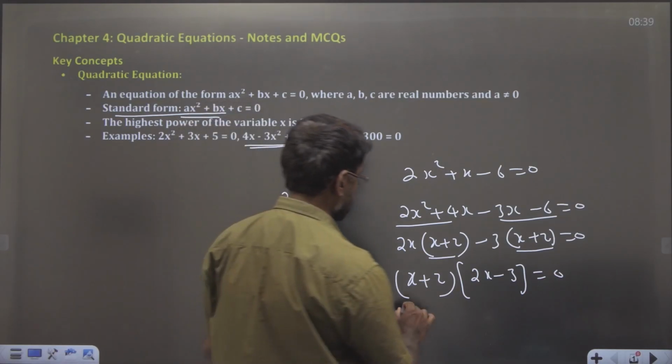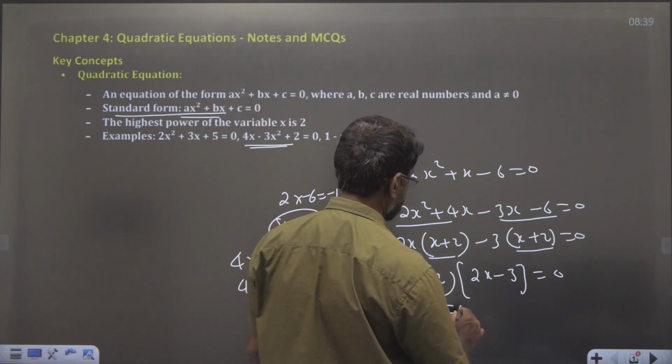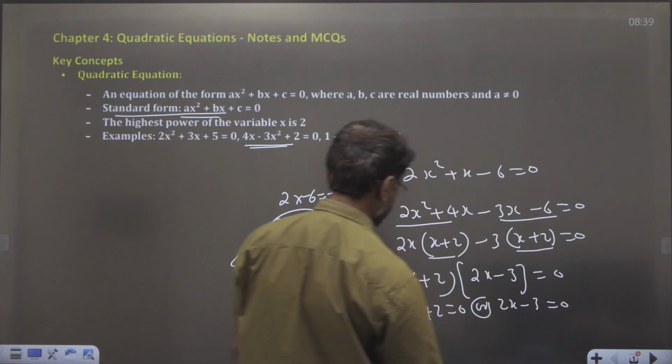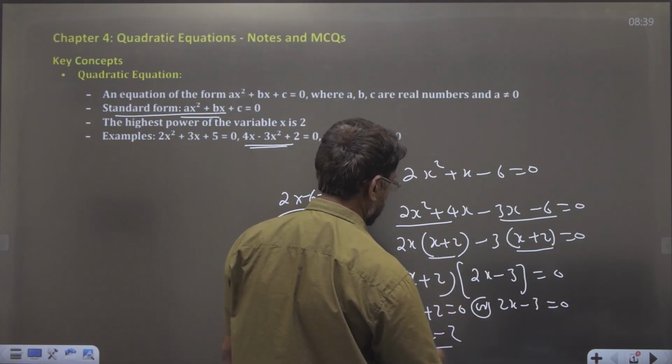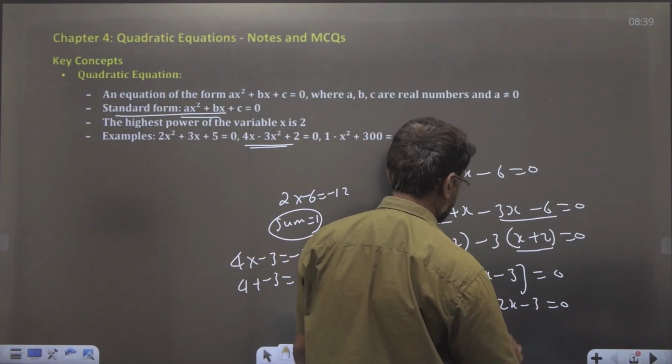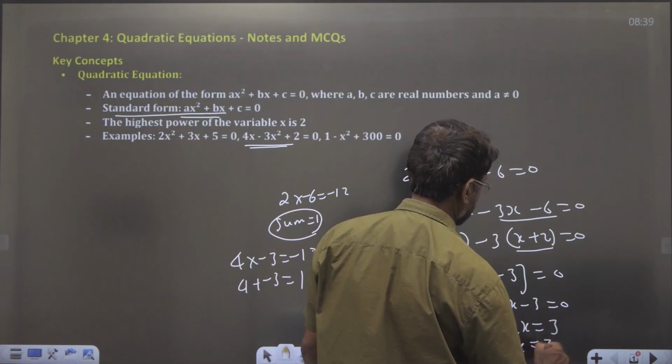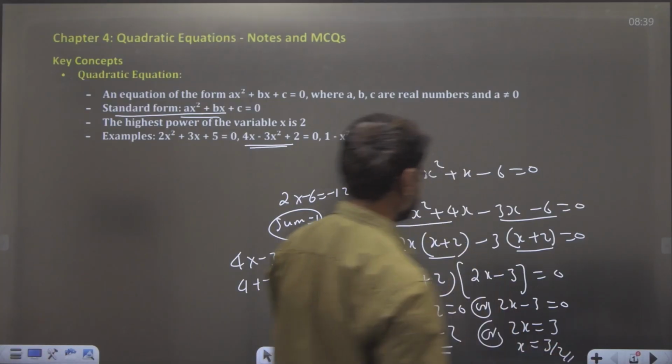That is x plus 2 equal to 0 or 2x minus 3 equal to 0. That is x equal to minus 2 or 2x is equal to 3, x is equal to 3 by 2.